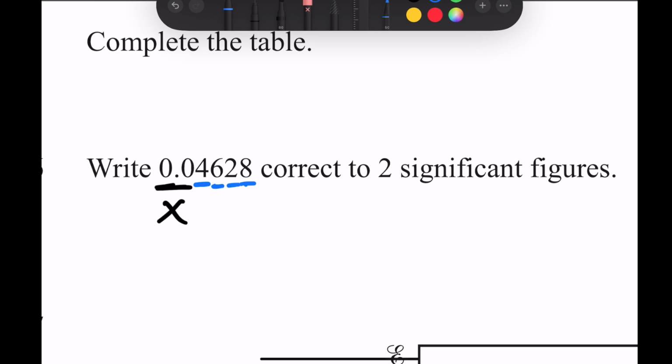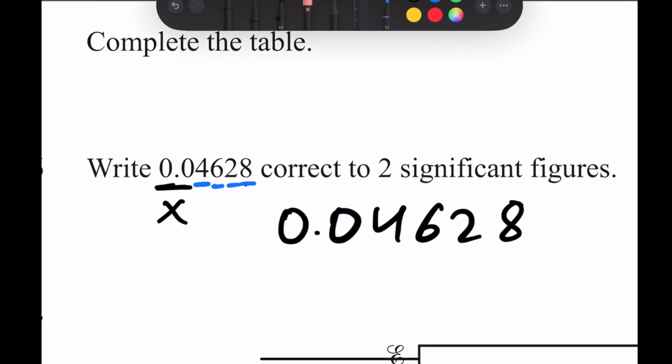So if the question is asking you to round this number, 0.06428, correct to two significant figures, this means that you have to check the third significant figure to round this number. So in 0.06428, the third significant figure is 2, since the first is 6, the second is 4, and the third is 2.